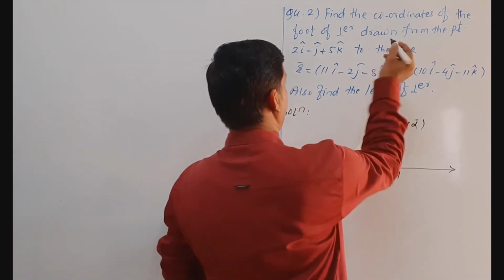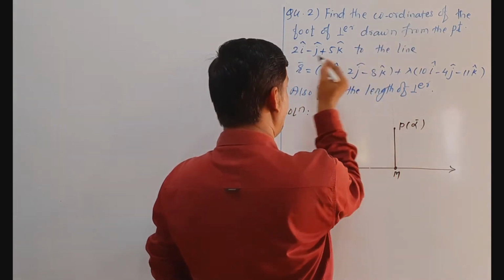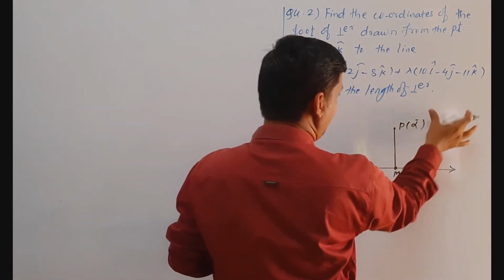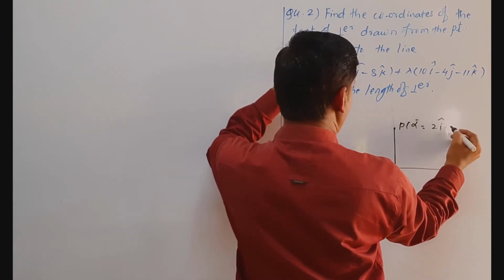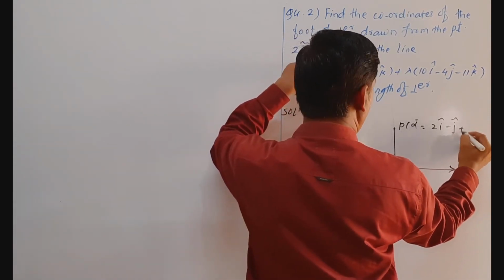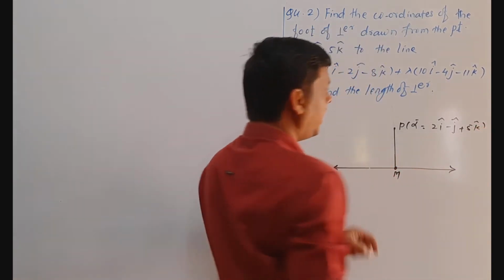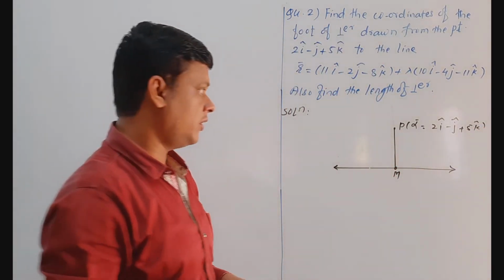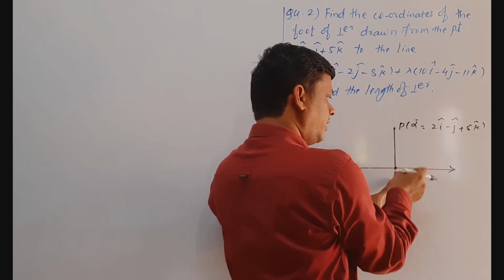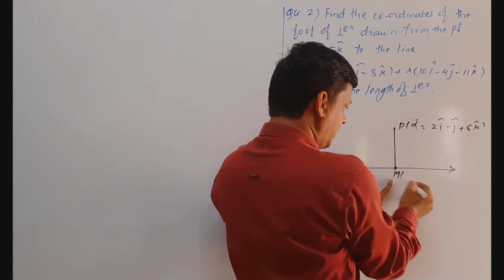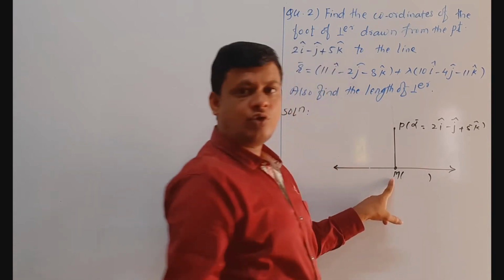Now here foot of perpendicular from the point, that means the value of alpha is given, that is 2i minus j plus 5k, and we have to find the foot of perpendicular. That means when we draw a perpendicular from P to this line, this M is the foot of perpendicular.